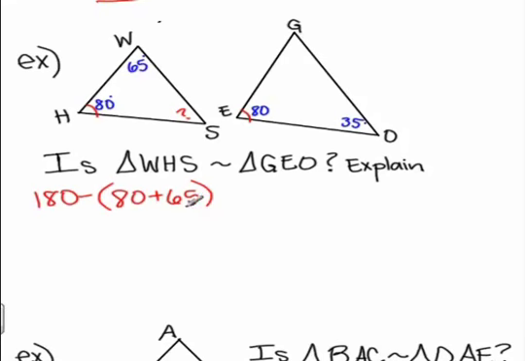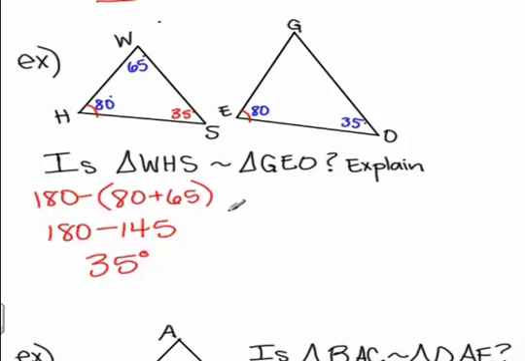All right, so 80 plus 65 is 145, and that subtracted from 180 is 35. So let's erase the question because it's no longer a question. We know that this is 35 degrees.